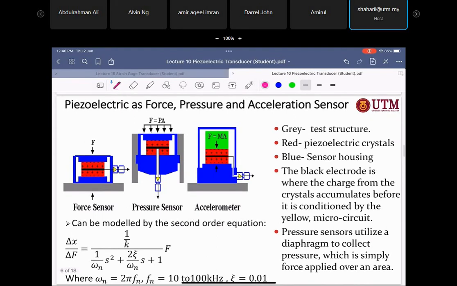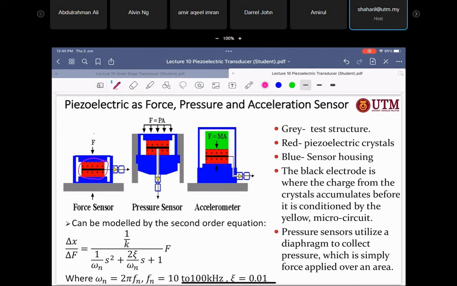The application of the piezoelectric as a sensor is given like this. Let's say this is the piezoelectric material. It can be used as a force sensor.